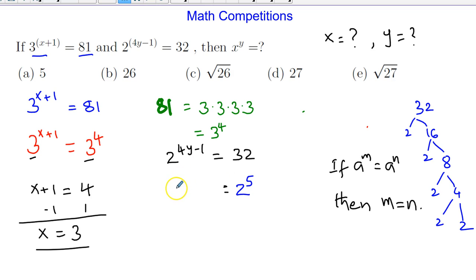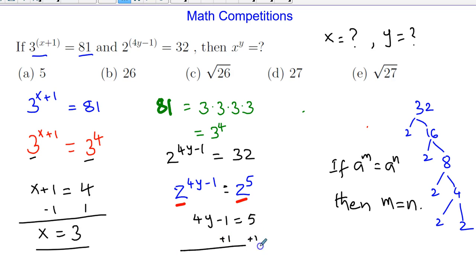And on the left hand side, you have 2 to the power of 4y minus 1. These two bases are equal, 2 and 2. So we can write the exponent on the left hand side is equal to the exponent on the right hand side. 4y minus 1 equal to 5.